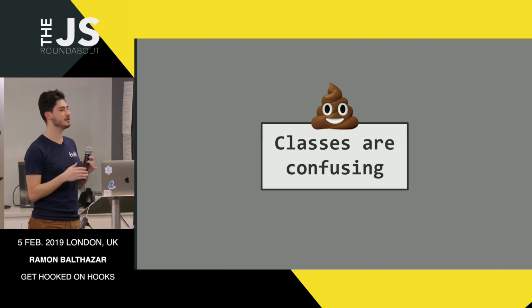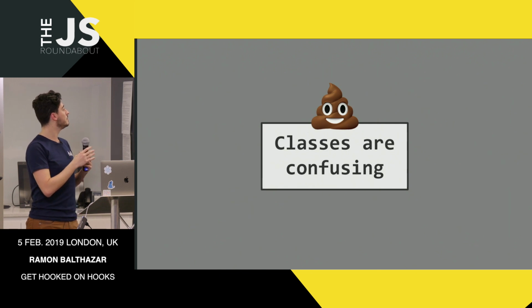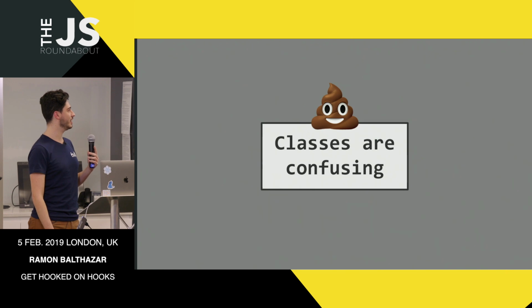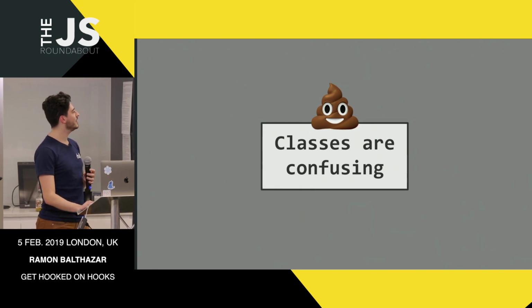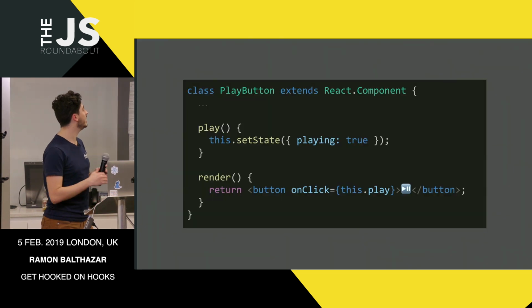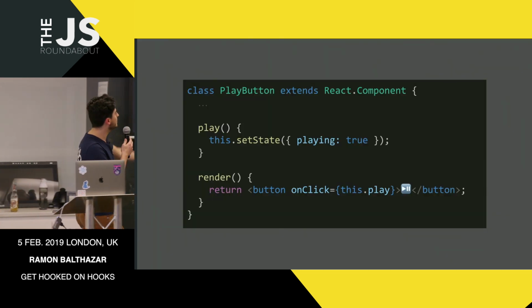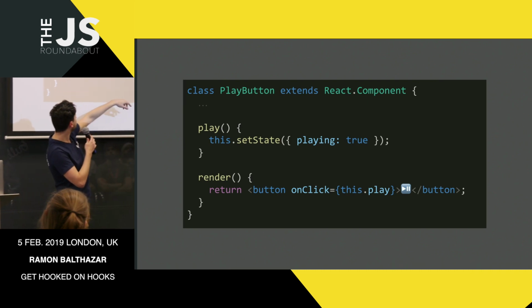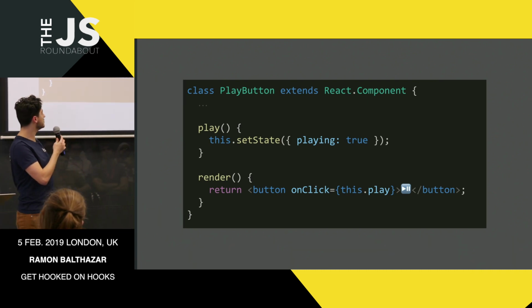Okay. So the first thing that bothers me the most is classes and how confusing they are. Of course, I've been developing with React for 2 years already, and I'm pretty sure what happens here, and a lot of people here do too. But picture yourself back when you just began developing with React. Say you want to do a stateful component. So you wanted a play button. You wanted a button that when you click, it would set some state to playing.